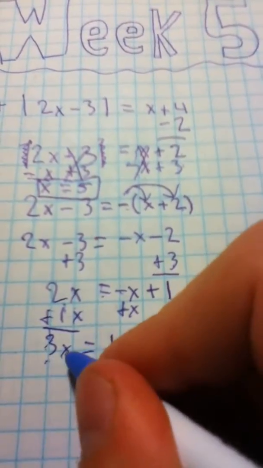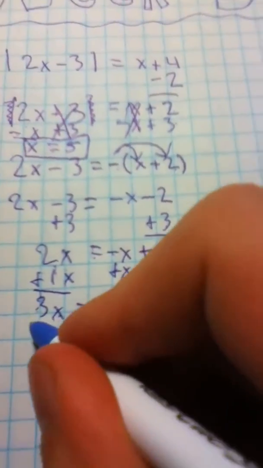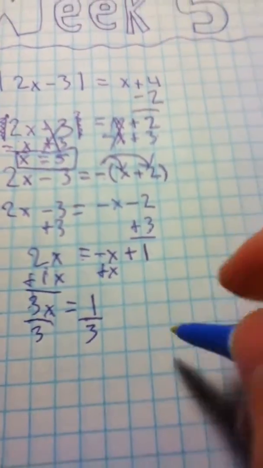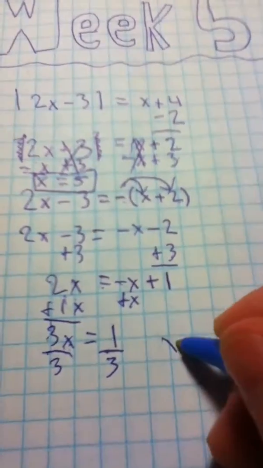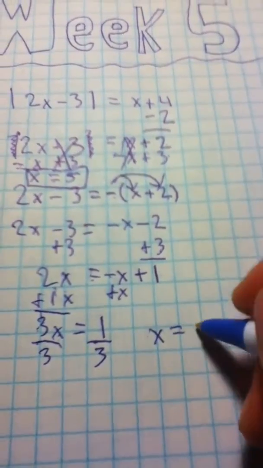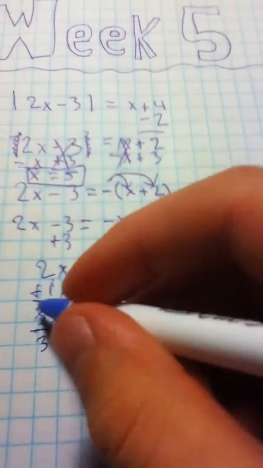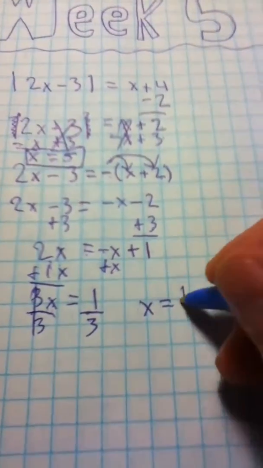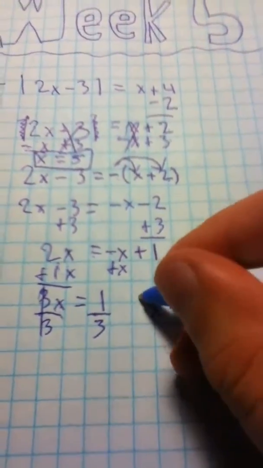And then we want to get x by itself. So you would divide by 3, and you would get x equals 1/3.